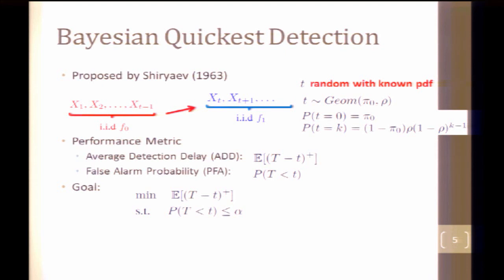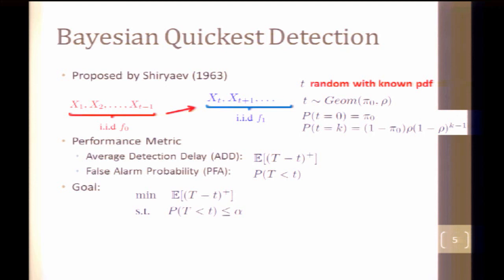The second performance metric is the false alarm probability, which is the probability that t is less than or equal to capital T. Notice that when you compute these two quantities, there are two sources of randomness. The first source is that the change time is random. The other is that the observation is also random. So when we compute these two quantities, there are two layers of averaging.